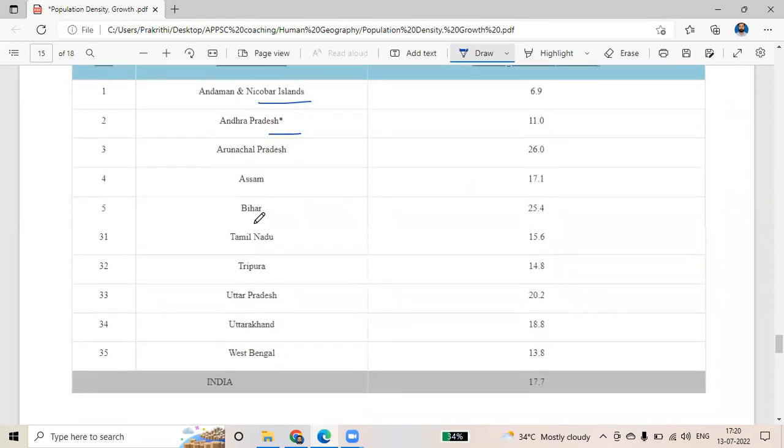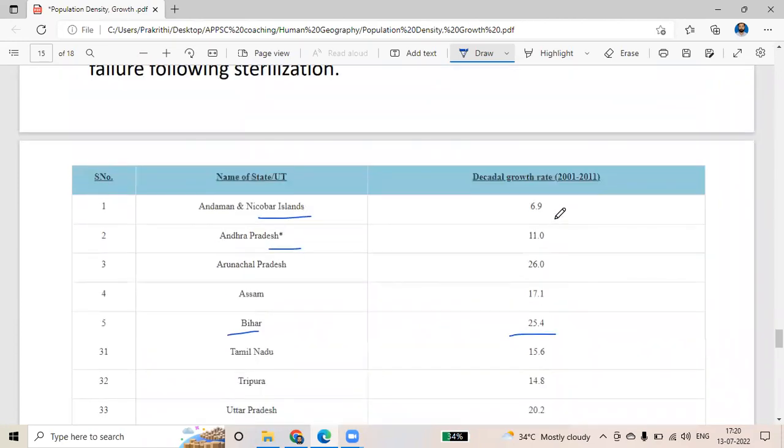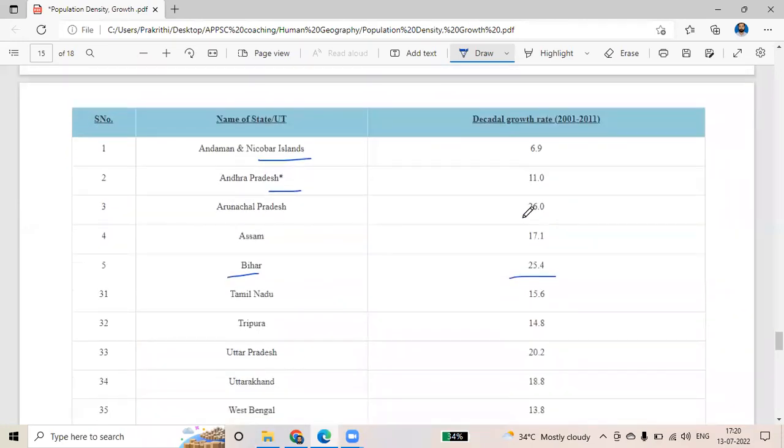If you look at this one, in Bihar it is 25.4% population growth rate. Coming to Arunachal Pradesh, it is below 26%, which is very high.